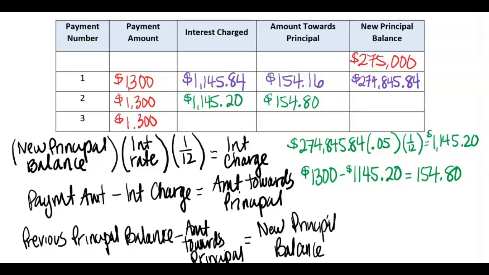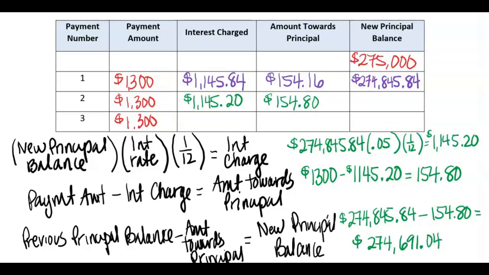To find the new principal balance, we take the previous principal balance, which is $274,845.84 minus $154.80 to get a new principal balance of $274,691.04.